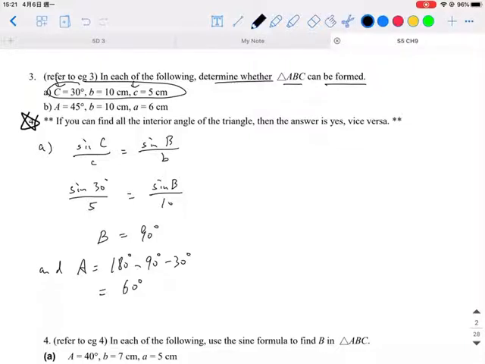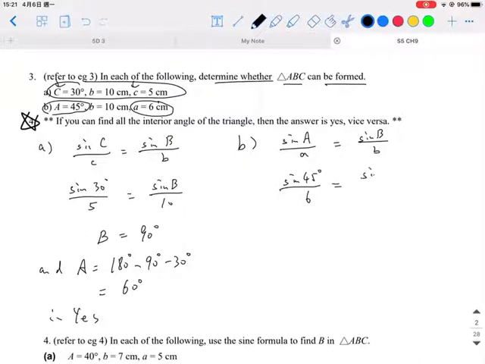So this data can form a triangle. So yes. But for part b, it's similar. We can do it in a similar way. We have a pair of it, which is the angle A and the length a. So it's sine A over a, which is equal to sine B over b. And substitute the values: A is equal to 45 degrees, a is equal to 6, and b is 10.